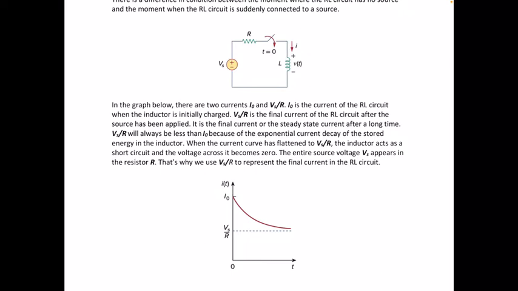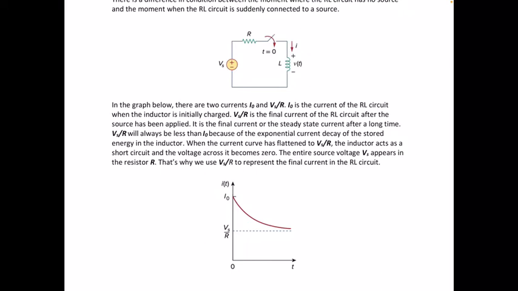Vs over R will always be less than I sub 0 because of the exponential current decay of the stored energy in the inductor. This inherent exponential decay of current is something we can expect naturally from the inductor.